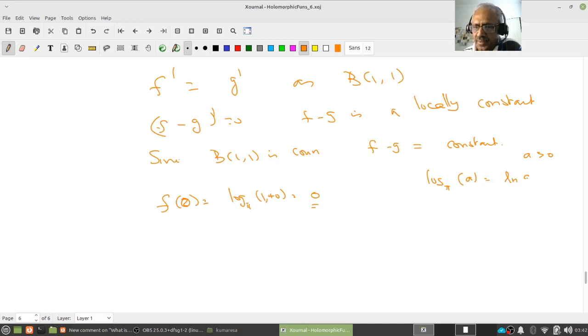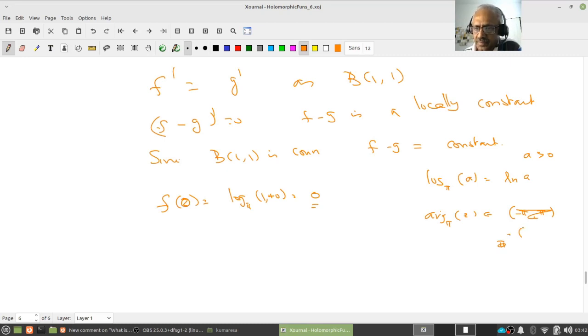This is ln of a. Go back to the definition. There I am going to do minus pi to plus pi open. Therefore what is the argument? Argument pi will take values of any z, will take values where? In minus pi to plus pi. Remember?